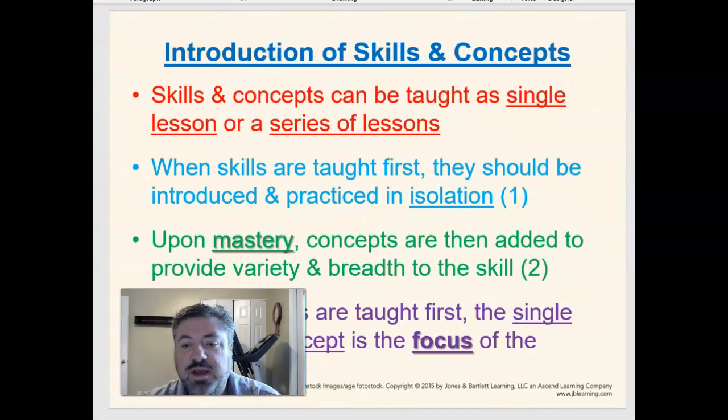Next, how do we introduce skills and concepts? So skills and concepts can be taught as either a single lesson or a series of lessons throughout the curriculum. That's why we're looking at curriculum design, how you put all these series of lessons together to get to a larger end objective. When skills are taught first in this skill theme model, they should be introduced and practiced in isolation.